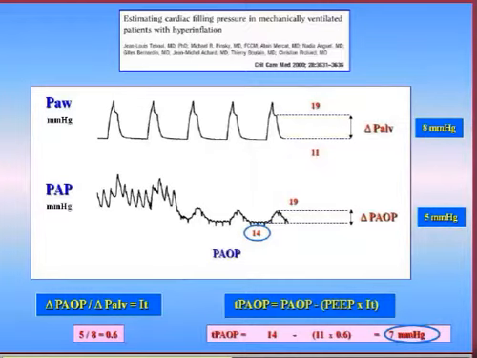If we multiply 60% by total PEEP, and we subtract this value from 14, which is the end expiratory pressure, we can obtain 7 mmHg. The true transmural pressure is 7 mmHg. Why? We measure 14 mmHg if we do not take into account this calculation.